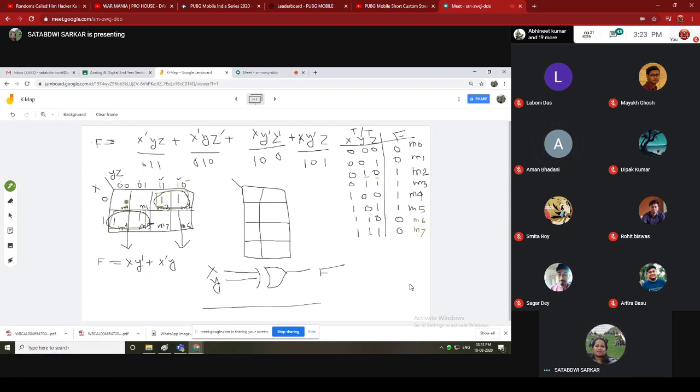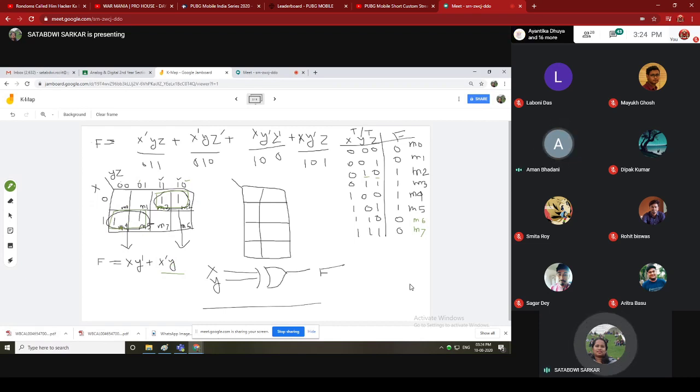Value of X is 0, row wise. 0 means bar, and 1 means not bar. So this is the expression from these two cells: x bar y. That means x is 0 and y is 1.